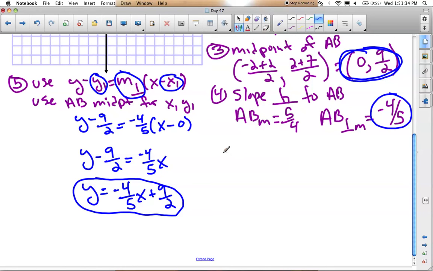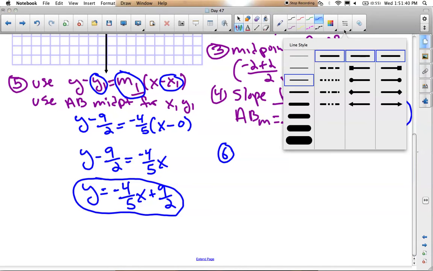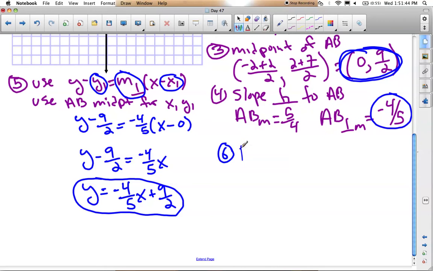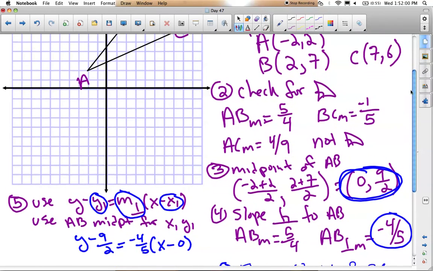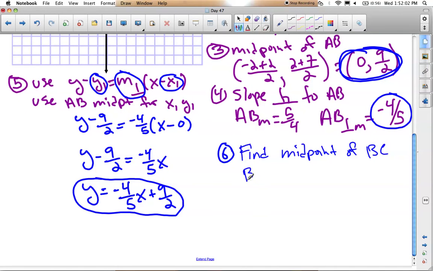So step 6, I need to find the midpoint of BC. So going up, B is 2, 7.